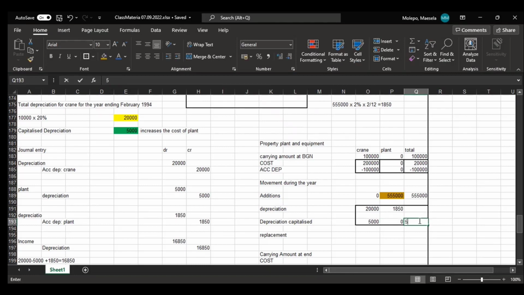And then here it will be 5,000. And then here it will be 21,850. Then the 5,000 needs to be subtracted. So your total will be 21,850 minus 5,000, which will have the total of 16,850. The 16,850 will be your depreciation.